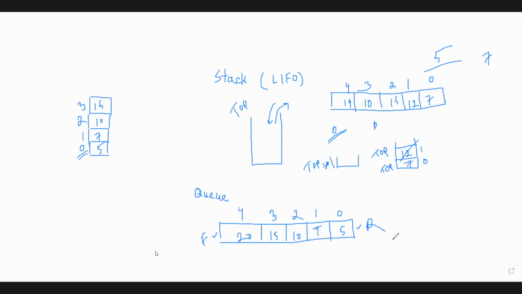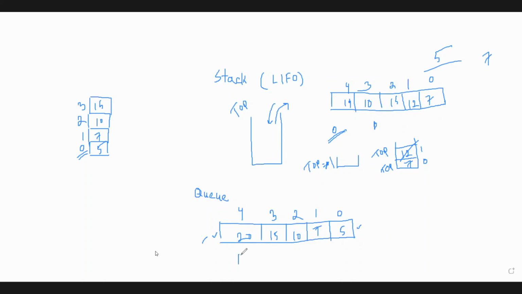So on which side did we insert the data? In the front side or in the rear side? Rear side. In the rear side. Very good. The insertion will be done in the rear side.